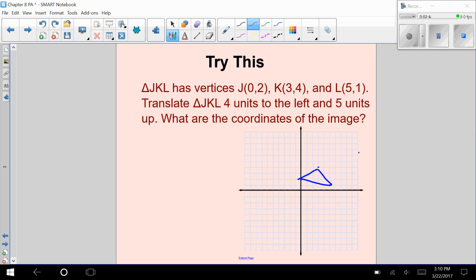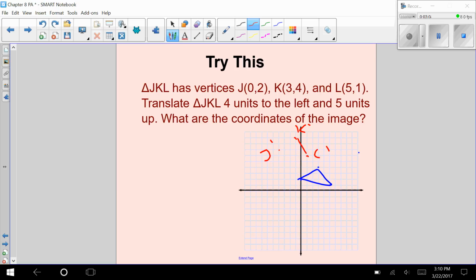And we're going to take that and move it 4 left and 5 up. And there's J prime. K moves 4 left and 5 up. K prime. And L moves 4 left and 5 up.